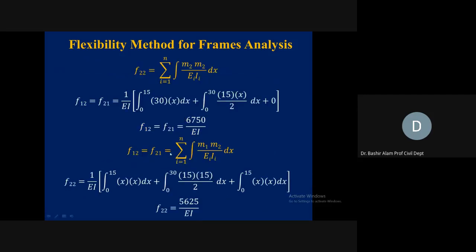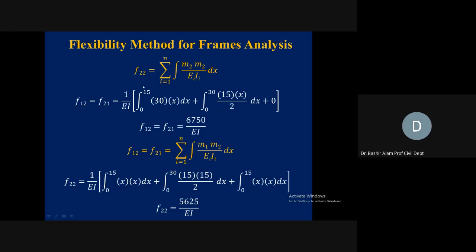Here now F12 is equal to F21. In the middle you see this equation, the basic equation. For F12, which will be equal to F21, here we write, for member AB we have 30 times x. For member BC we have 15 times x, and for member CD we have 0 times, so this is giving us 0. So F12 is equal to F21 is equal to 6750 over EI.